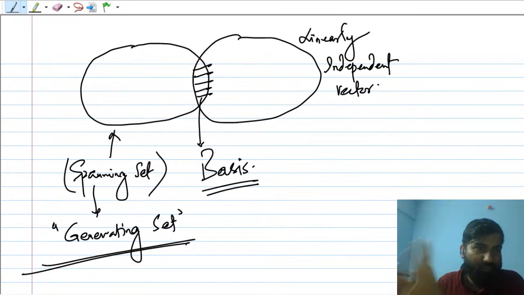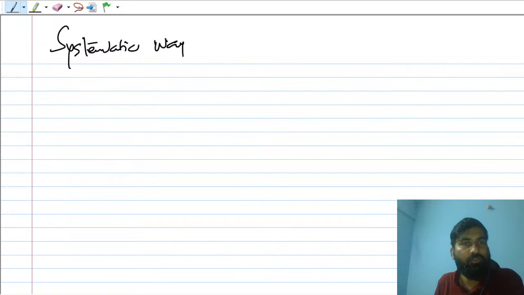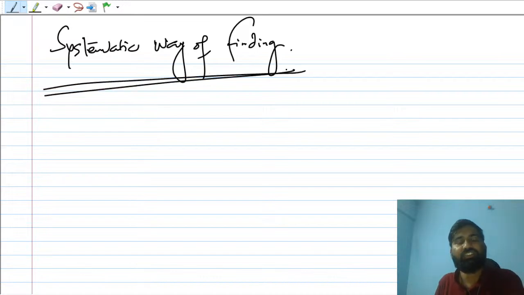That's the meaning of span. We'll see spanning, a systematic approach. We have to learn the systematic way of understanding the concept.